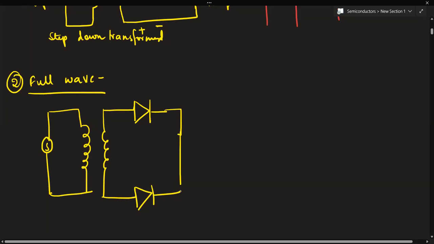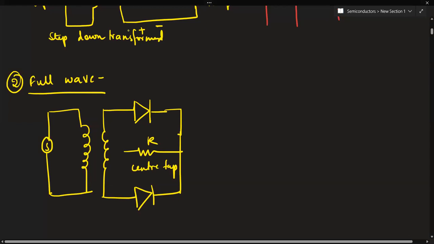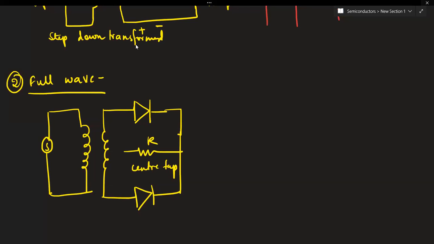These are two diodes. And then we have a center tap. This is called a center tap. This is the arrangement for the full wave. So now what will happen if we have a positive end and a negative end?